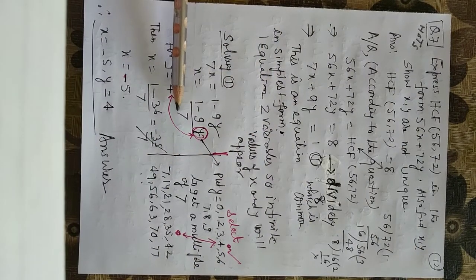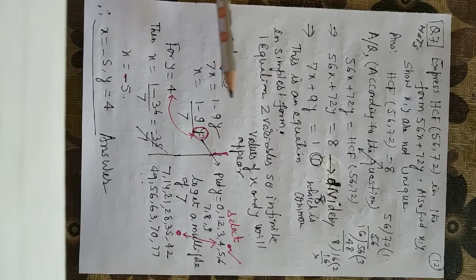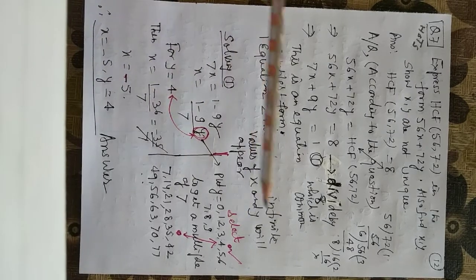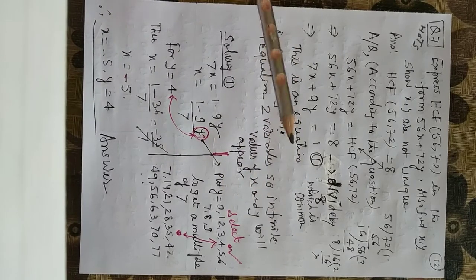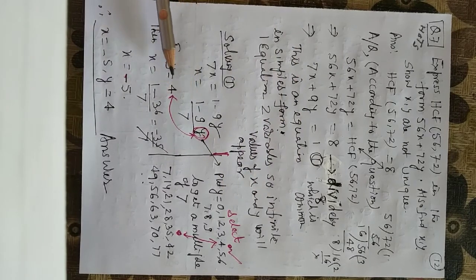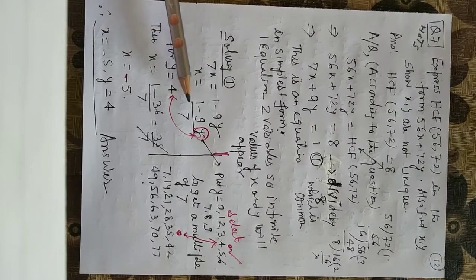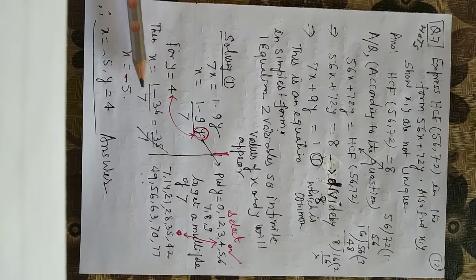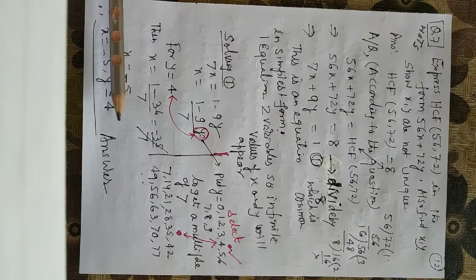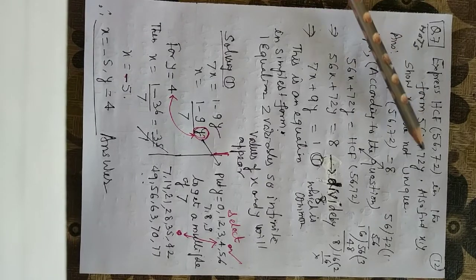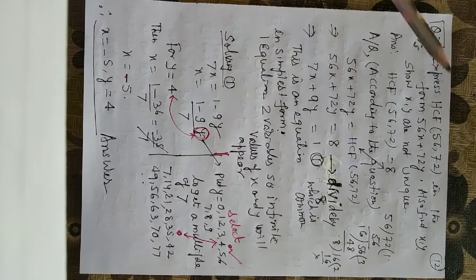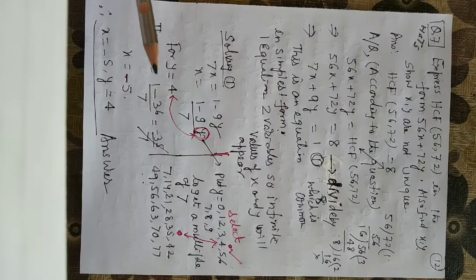The denominator is 7, so try to get the multiple. For y is equal to 0 it is not applicable. If y is equal to 4, 9 fours are 36, 1 minus 36 by 7 is minus 35 by 7, thus x is equal to minus 5 and y is equal to 4. So we have expressed it and we have obtained x and y. The question is over. Good luck.